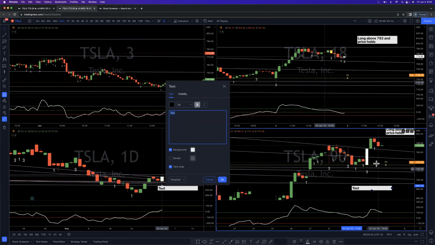All right, and then we're going to look for a short below, we'll call it 746-ish. So this is 747. We'll call it 746. We'll be inside this range, but we want to go short with CCI.